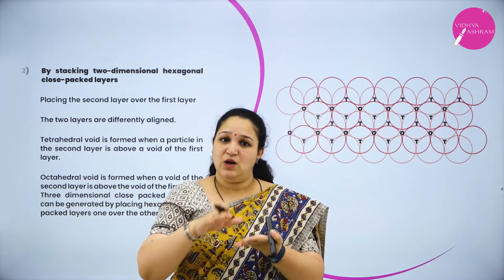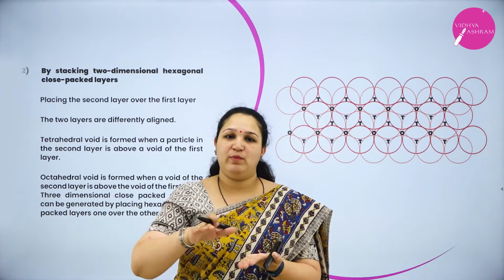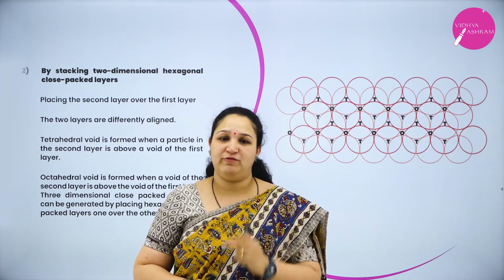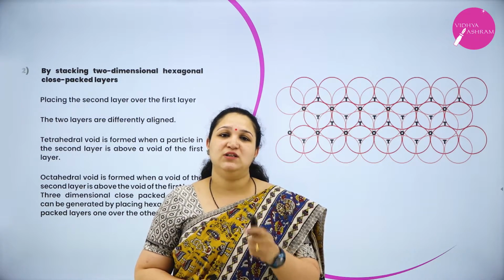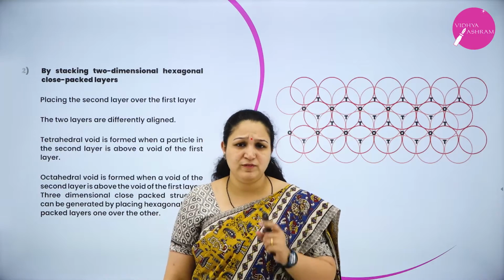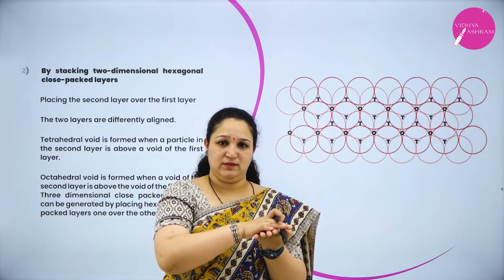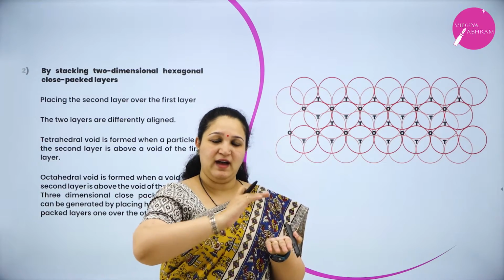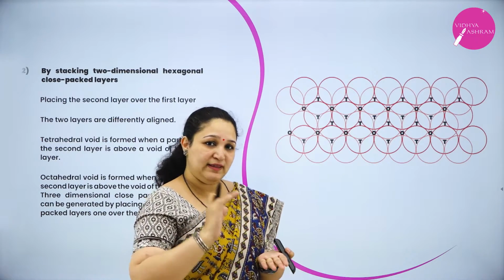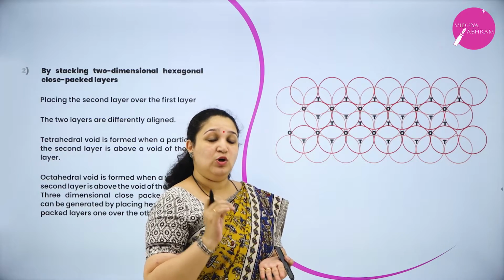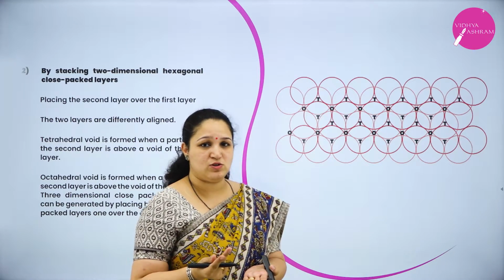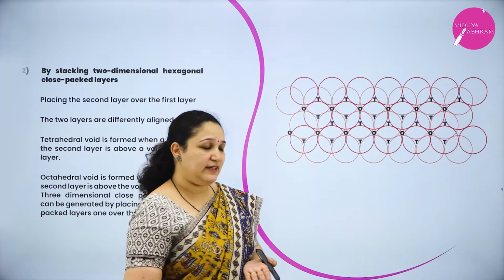Such layers can be stacked one above the other in 2 different ways. Now which are the 2 different ways? First we are learning one layer over the other layer. In that, it gives rise to 2 types of voids also. So we learn this in detail.